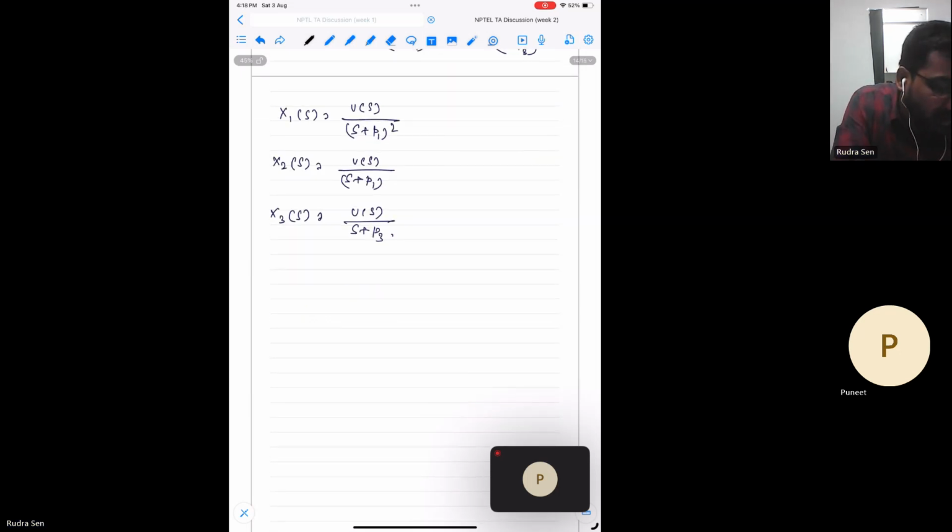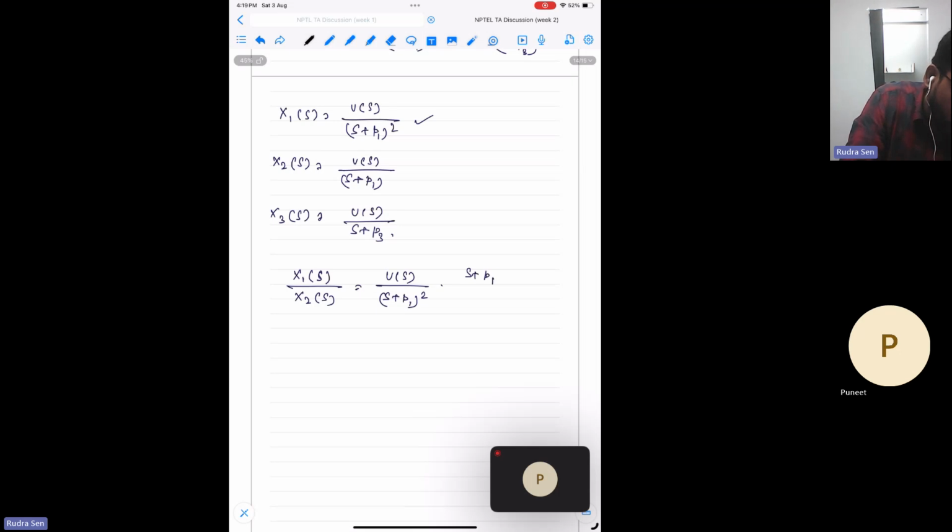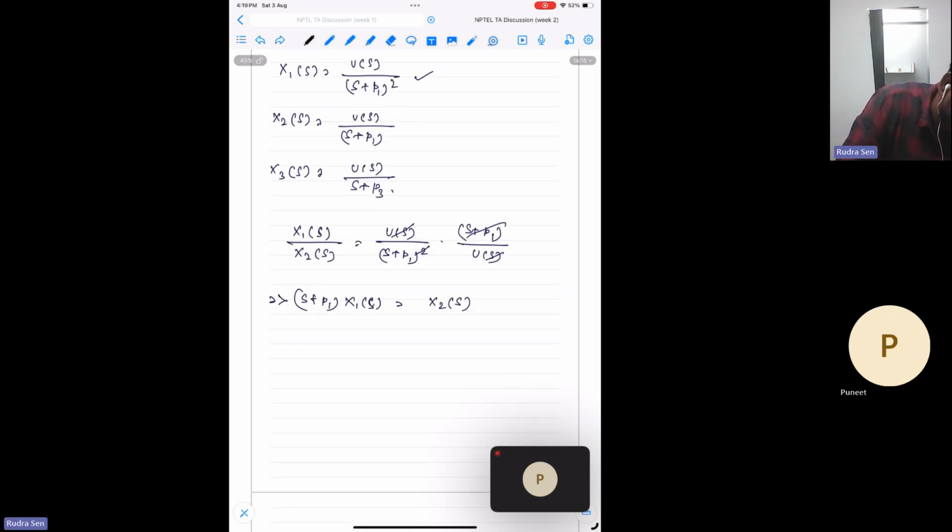Since it is quite difficult to find the inverse Laplace transform of this kind of structure, we take X1(s) divided by X2(s). What we get is U(s) over (s plus p1) whole square into (s plus p1) divided by U(s). Cross multiply and then take the inverse Laplace transformation.